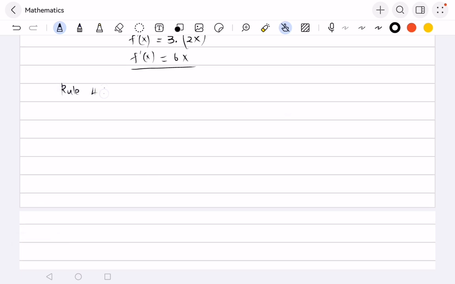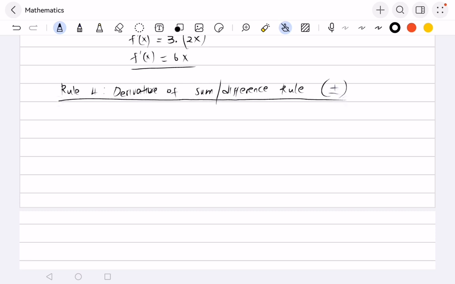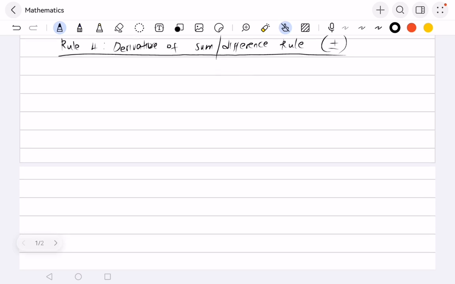Then we move to rule number 4. Rule number 4 is called the sum and difference rule. So we want the derivative of the sum or difference rule, the plus or minus rule. So what does this rule state?